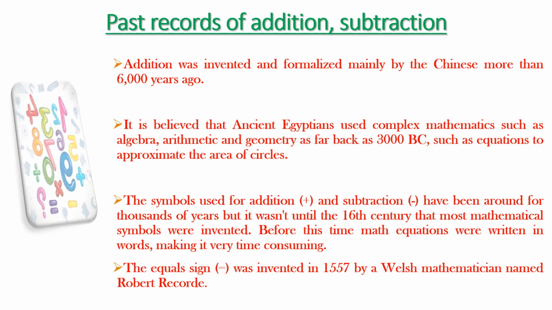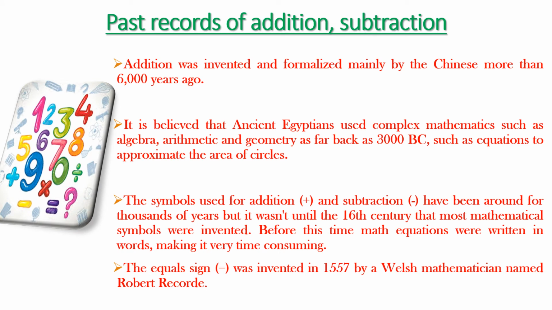The symbols used for addition, plus, and subtraction, minus, have been around for thousands of years, but it wasn't until the 16th century that most mathematical symbols were invented. Before this time, math equations were written in words, making it very time consuming. The equals sign was invented in 1557 by a Welsh mathematician named Robert Recorde.